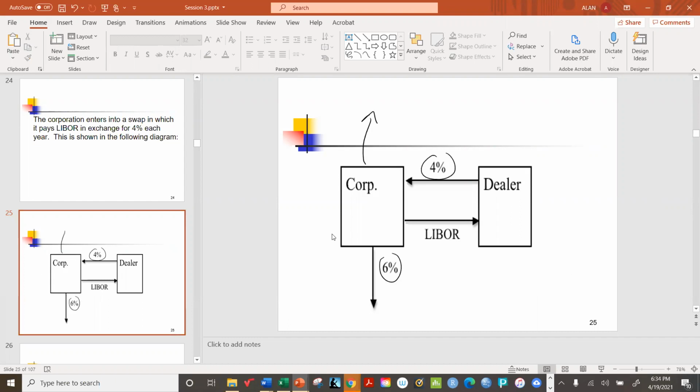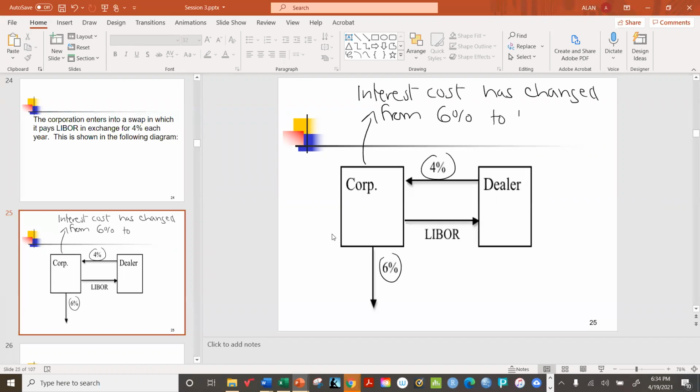So their interest cost has changed from what it was originally, 6, to LIBOR plus 2.